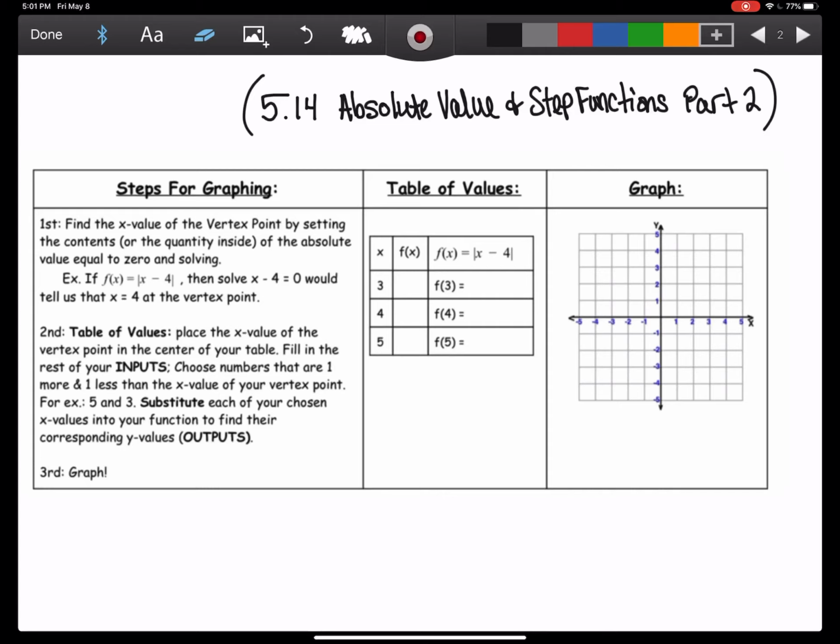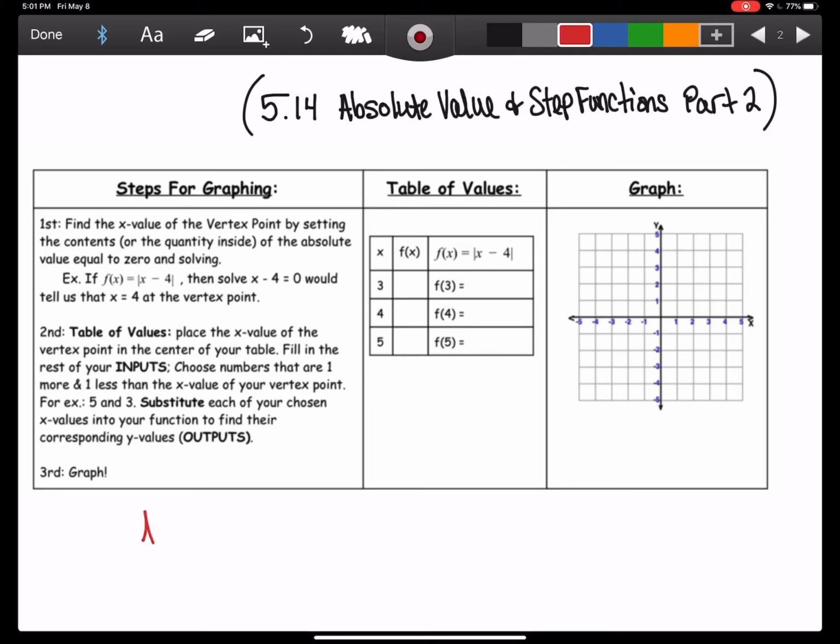Now, really, you could pick any numbers, plug them in, and you would get points on a graph. The issue is we want it to look a certain way. If you think back to the beginning of the other notes, we talked about how the graph of an absolute value makes a special kind of picture.